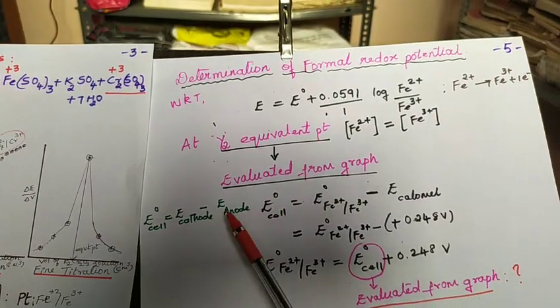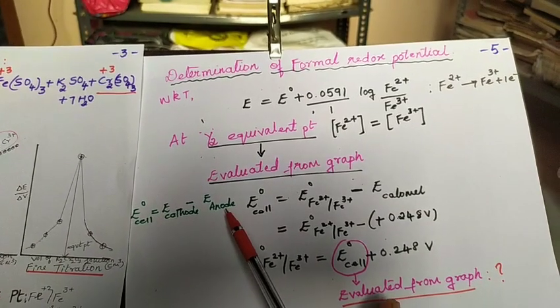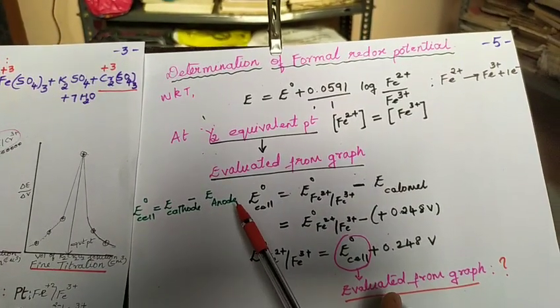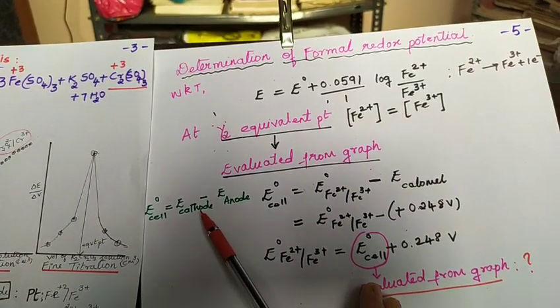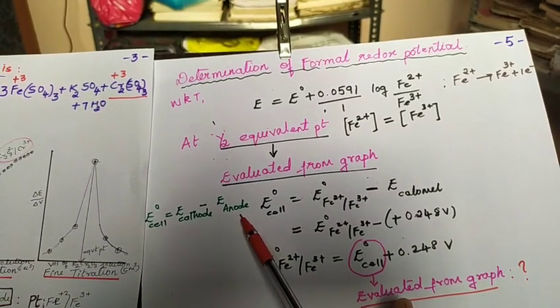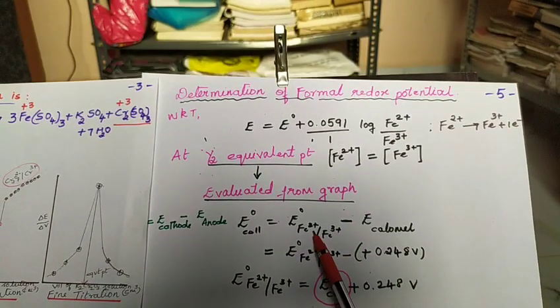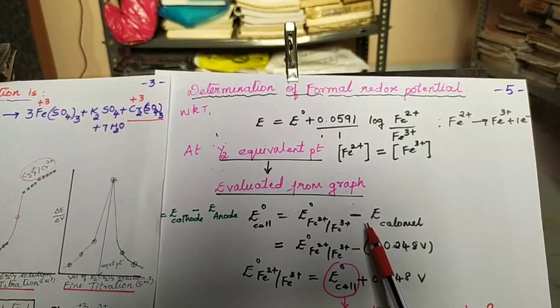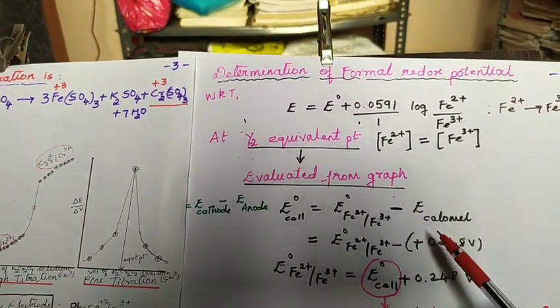We also know that E naught of cell is equal to E cathode minus E anode. This is the standard EMF expression. The cathode is the platinum electrode and the anode is the calomel electrode. Substitute the values here: E naught of Fe2+/Fe3+ minus E naught of the calomel electrode.